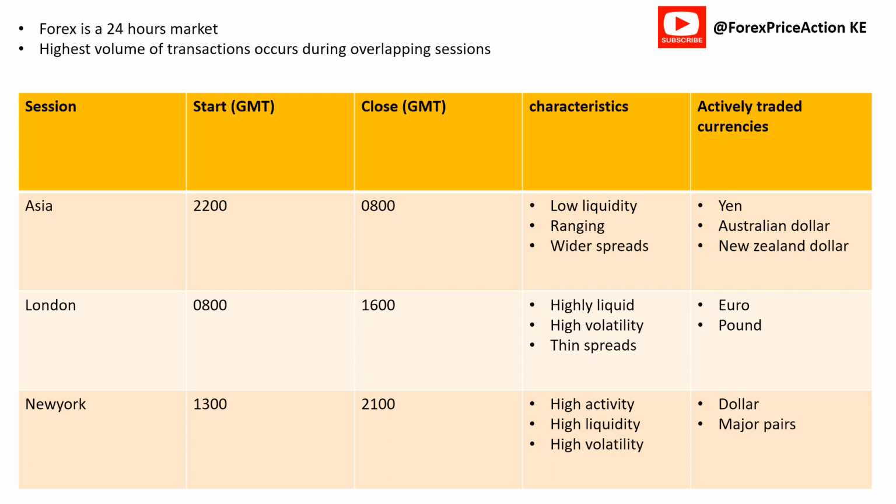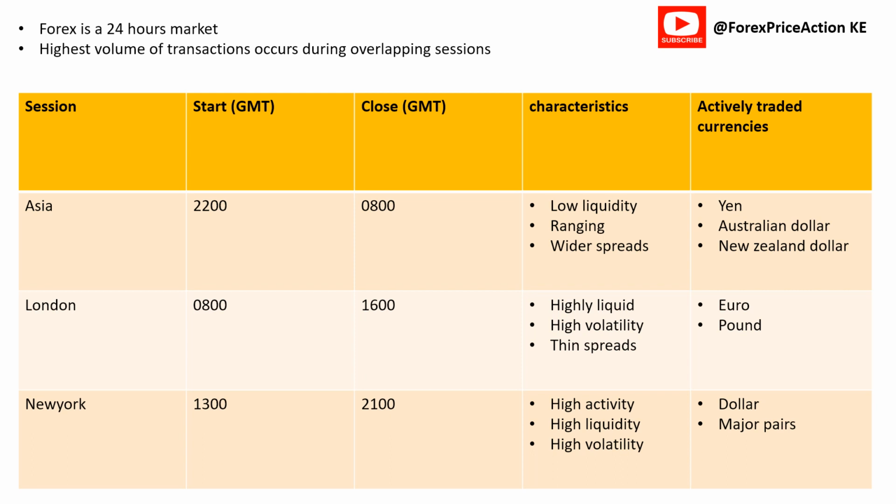The Asian can be further divided into Sydney and Tokyo, but let's just stick to the Asian session. The start and close times are in GMT. So for my Kenyan traders, the Asian session basically begins at 1 a.m. at night and closes at 11 a.m. in the morning.